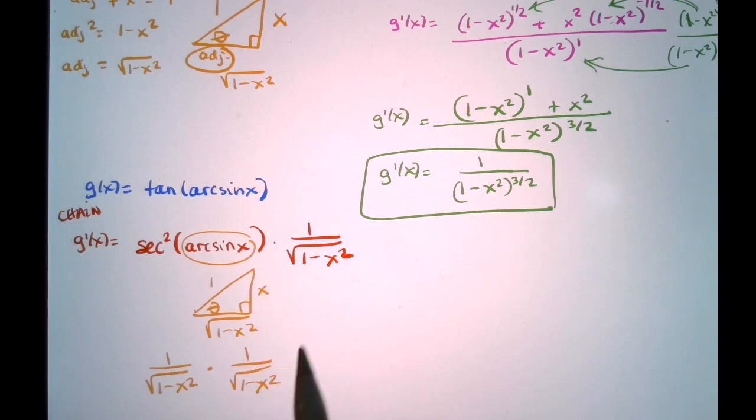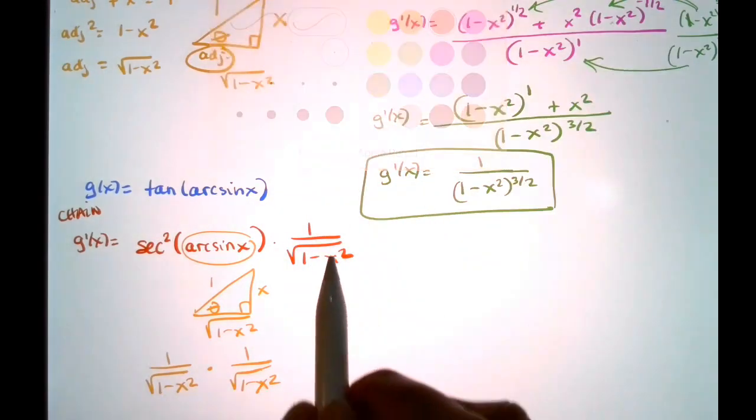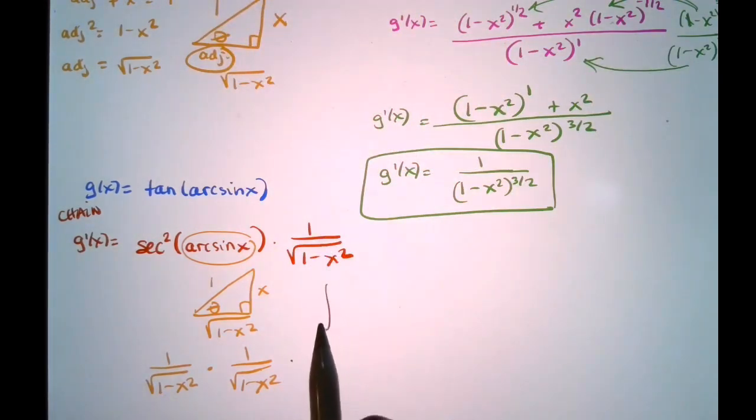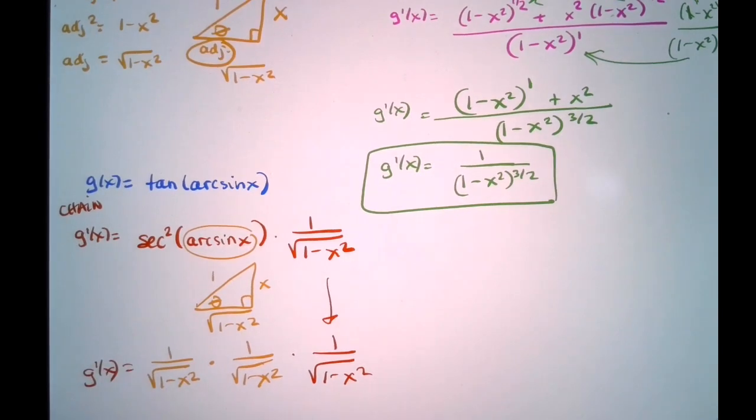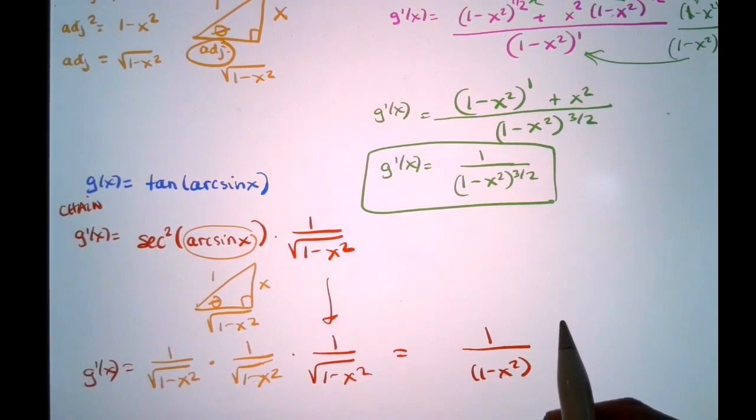And then you have this other extra puzzle piece that was just there. I'm just dragging this down. Do you see how it's coming together here? That yes, g prime is the same thing. G prime is 1 over 1 minus x squared to the 3/2. You have 3 of those 1/2 powers.